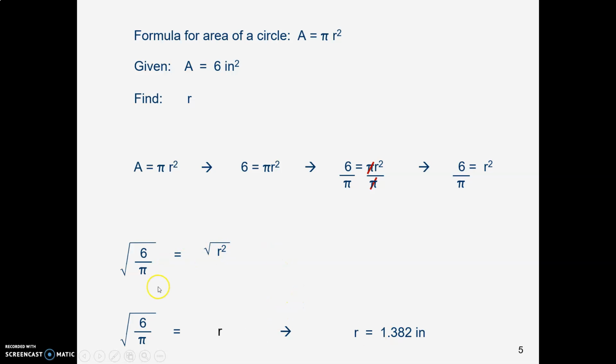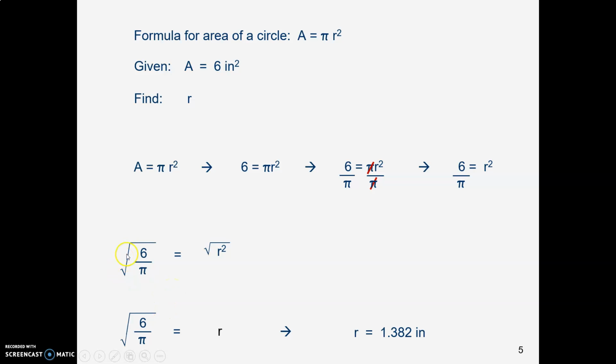Just a caution, be careful with your calculator. Don't take the square root of 6 and then divide by pi. That will give you some other number. You want 6 divided by pi and then take the square root of that. So you could go 6 divided by pi, enter, square root, enter.